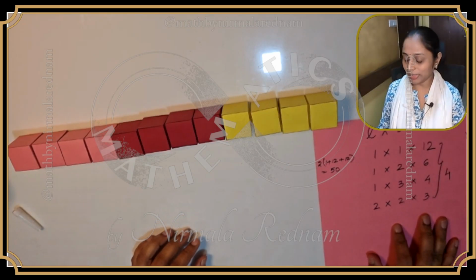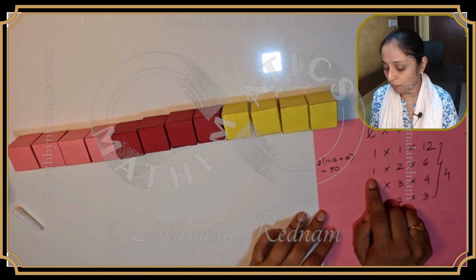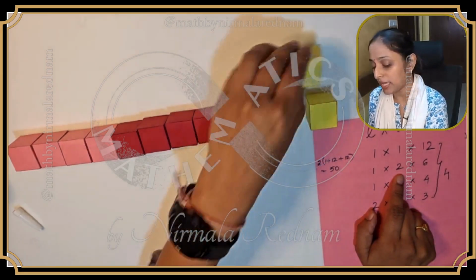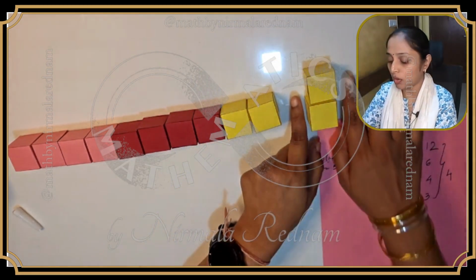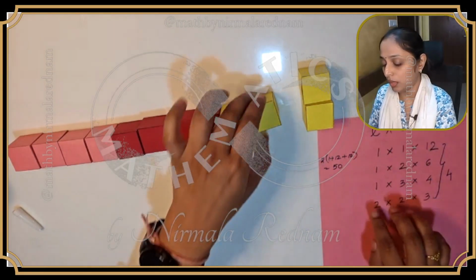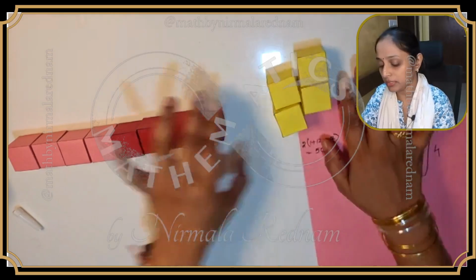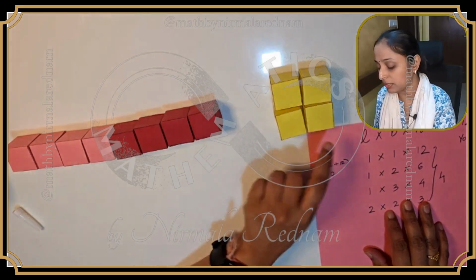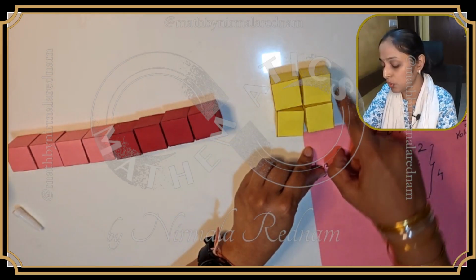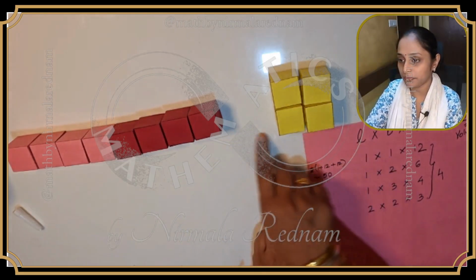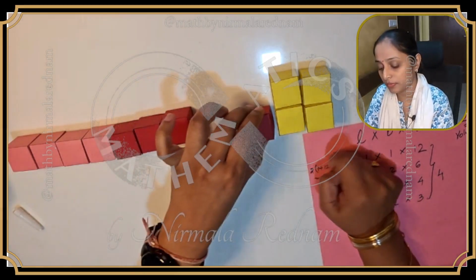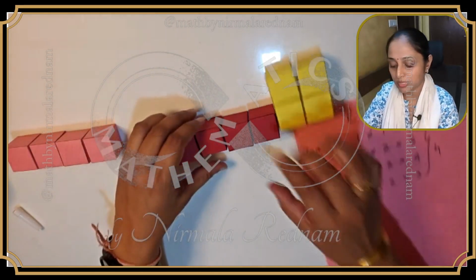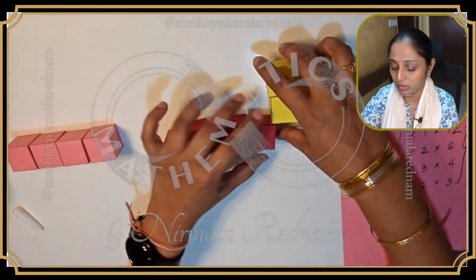Now coming to the second one, you can see that one dimension is 1, and the second dimension is 2. That is, I'm going to take it as 2 along this side. And the third dimension is going to be 6. So these are my 3 dimensions.